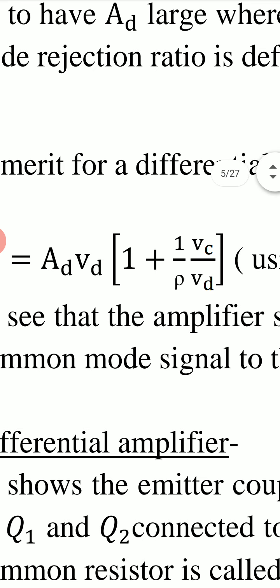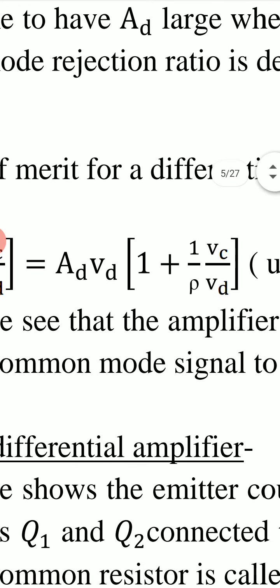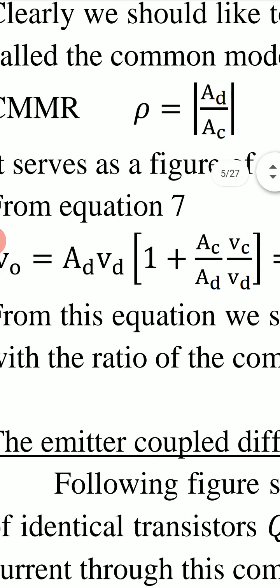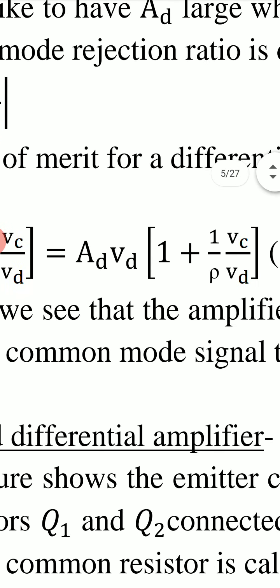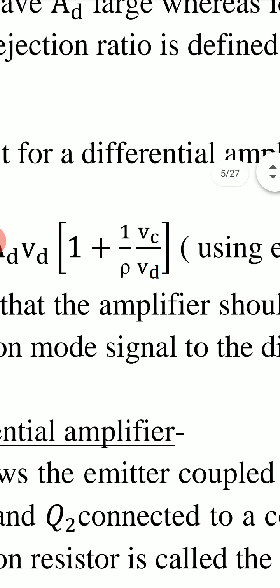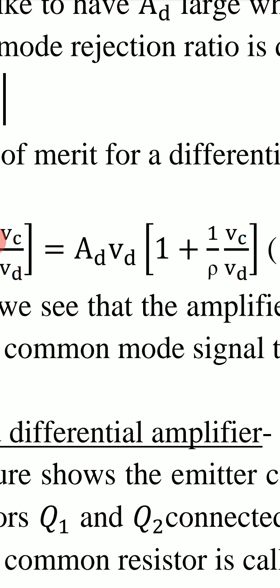In ideal differential amplifier, we must have V output equal to AdVd, and in this equation we see that V output is not equal to AdVd. It is equal to AdVd into 1 plus 1 upon rho into Vc upon Vd.